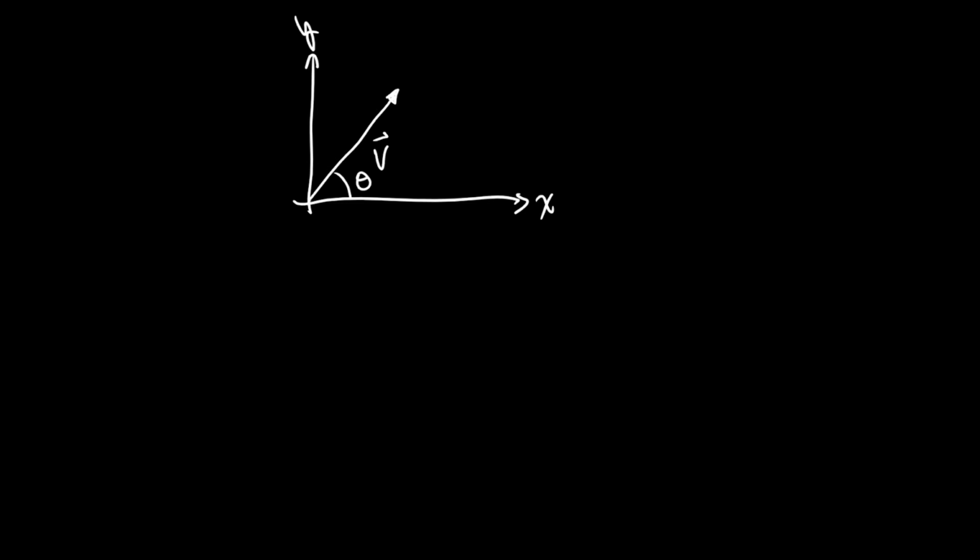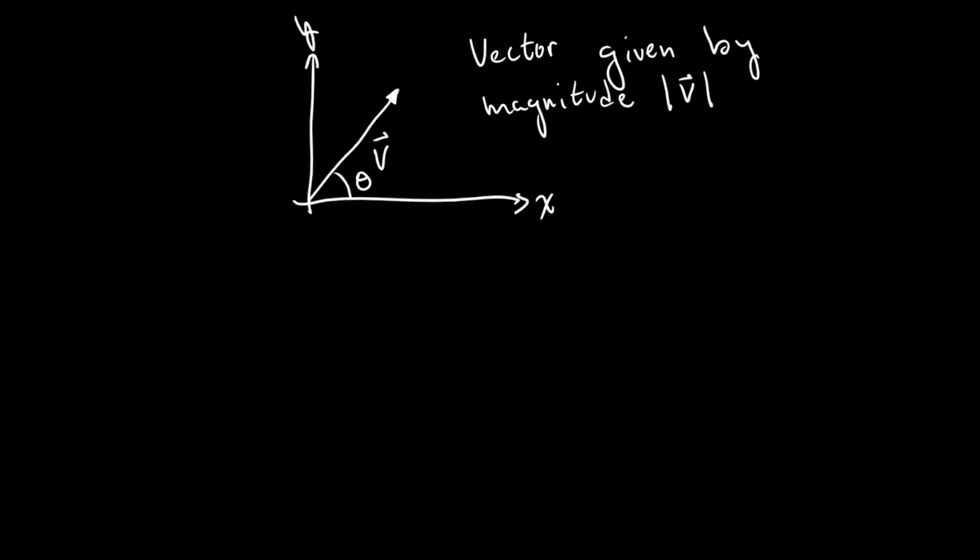The vector is given by its magnitude, so its length, which I'll put these bars around, but it's also given by its direction, which I can just label theta, the angle that it is to the x-axis in this case.